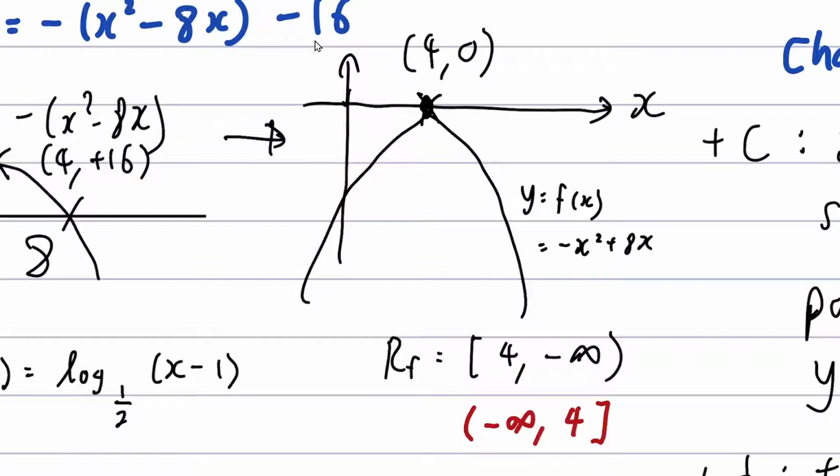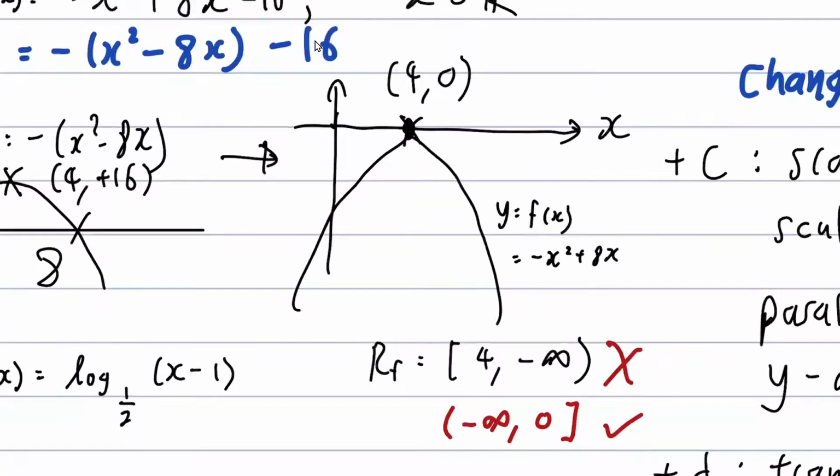Smallest y, negative infinity is the smallest. Actually still wrong. Not 4. Focus on y. 0, sorry. You made that mistake in the tutorial as well. You put in negative infinity on the right side and then you focus on the x coordinate, which is totally wrong. Okay, are we clear on this part now? Yeah. Okay, let's move on to the next example.